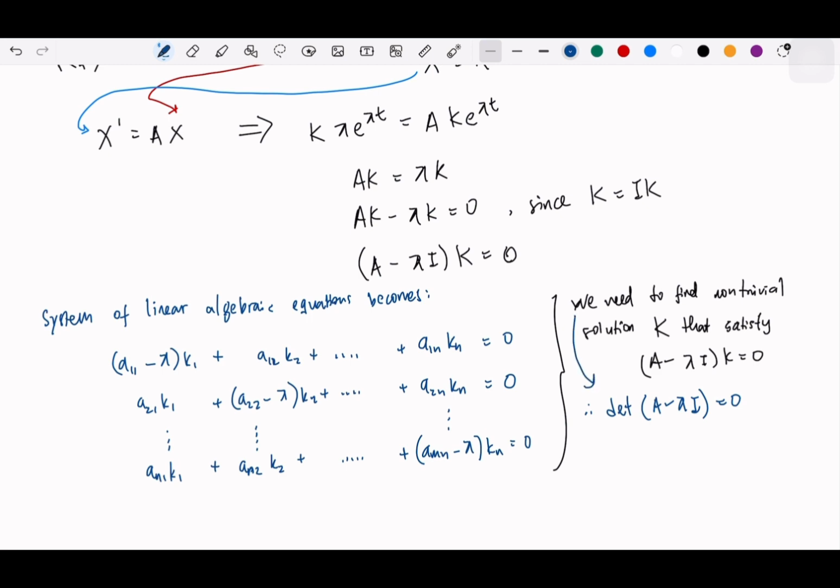Because we want a non-trivial k for the solutions, then from the conclusion of the equation here, the determinant should be 0, which is how we find the eigenvalues.